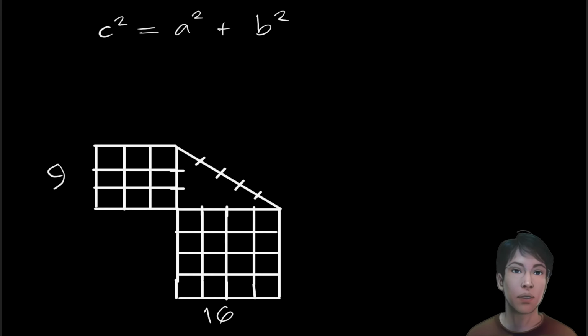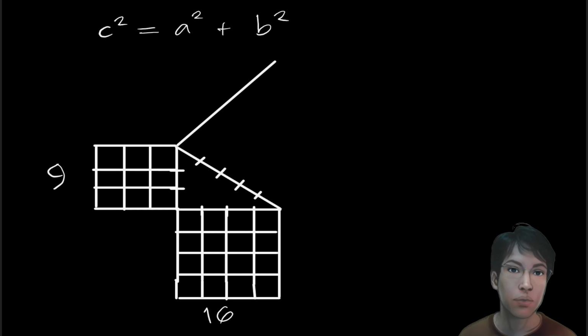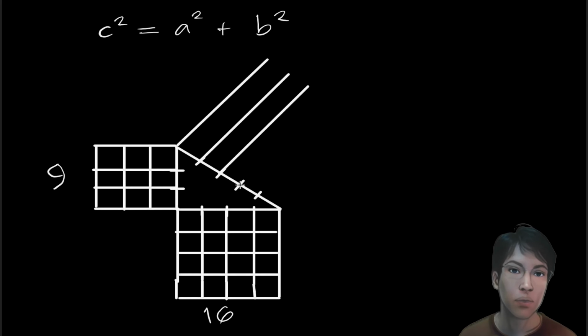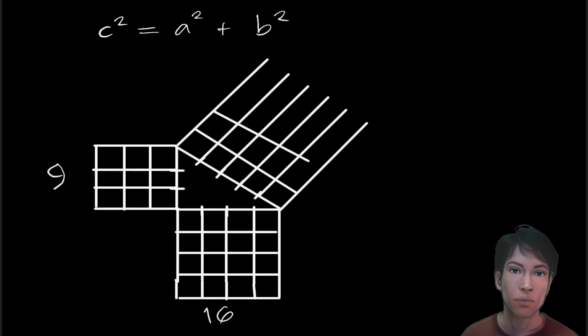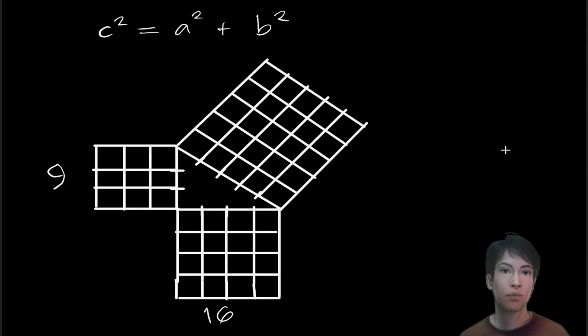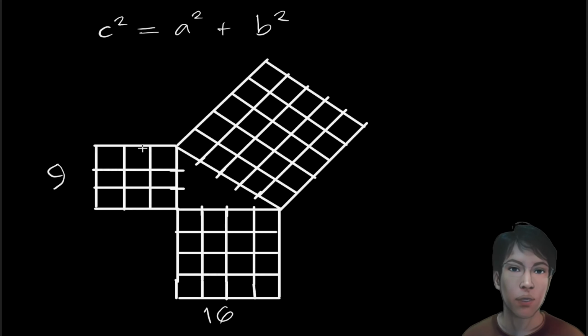16 squares. On this side, if I were to make a square, and we count the number of squares on this side of the triangle, we have 25.